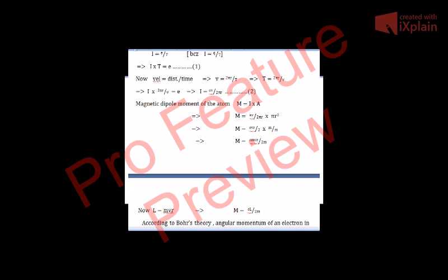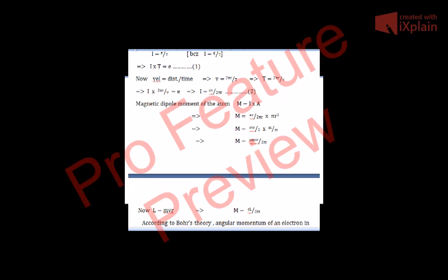Now L is equal to mvr, we have already derived it. L is equal to mvr, which implies M will be equal to EL by 2m, because mvr is equal to L. So the magnetic dipole moment M will be equal to EL by 2m.